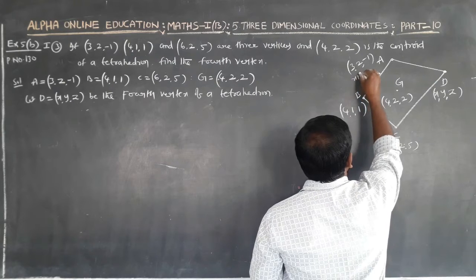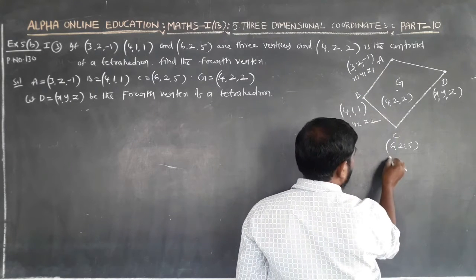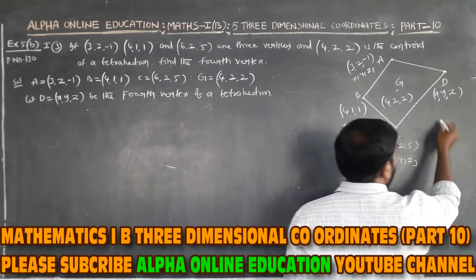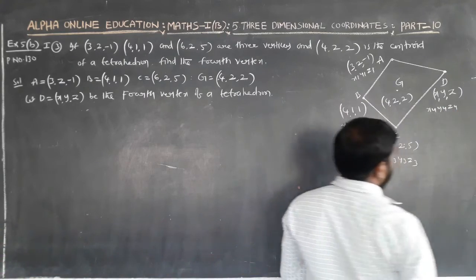Let A vertex x1 y1 z1, B vertex x2 y2 z2, C vertex x3 y3 z3, D vertex x4 y4 z4.